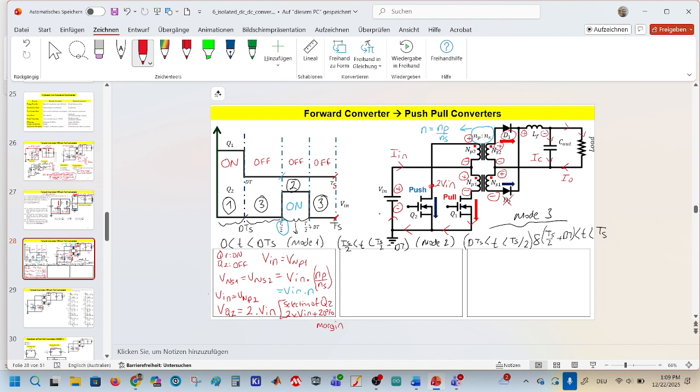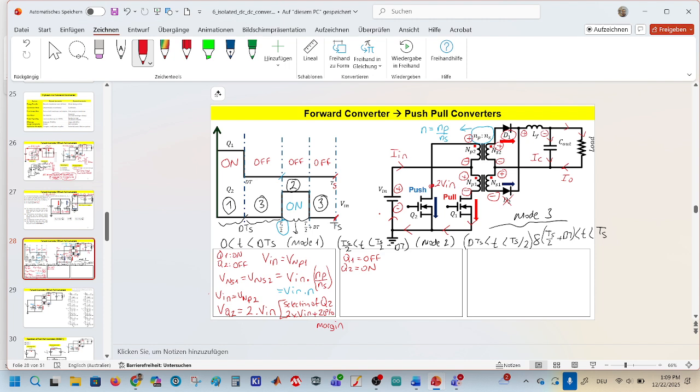So let's look at mode 2. In this case, Q1 is off and Q2 is on. Actually, it's exactly the same as what we had for the first mode.